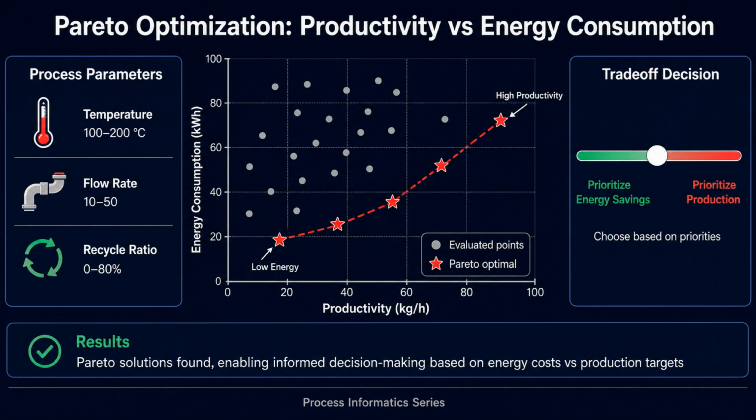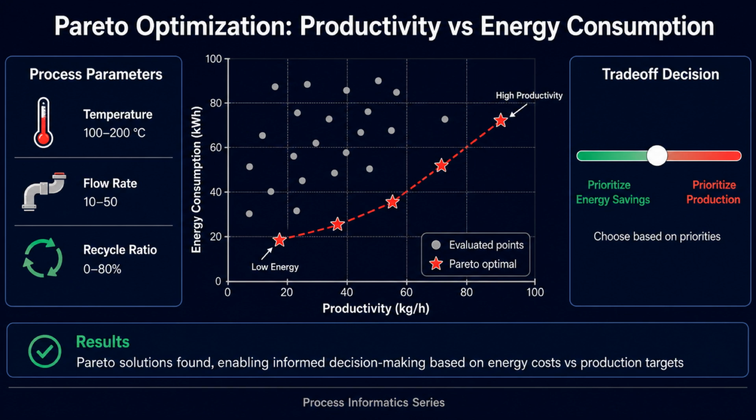This case study addresses the fundamental trade-off between productivity and energy consumption in industrial processes. We optimize temperature, flow rate, and recycle ratio to find the Pareto front, which represents the set of solutions where improving one objective necessarily worsens the other.